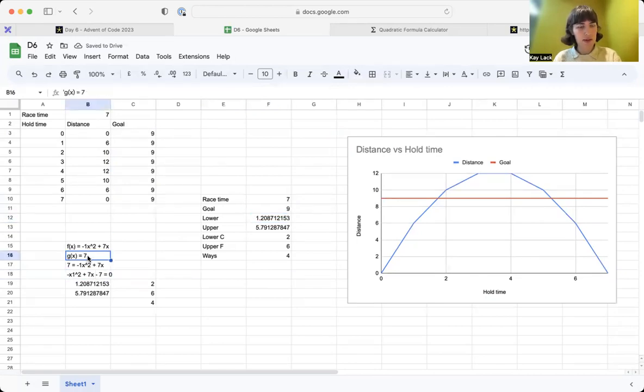Okay, so I need to redo this function. Okay, so 7 to 9 here, minus 9 here.